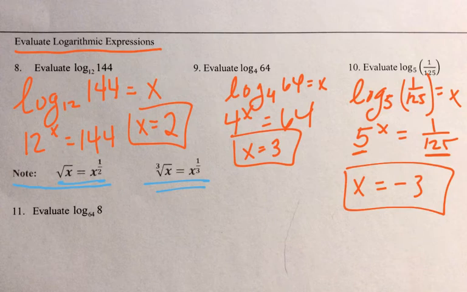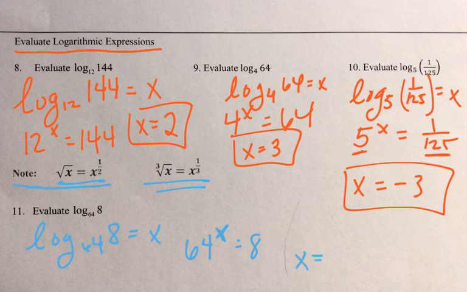So if I have log base 64 of 8 equals what? Well, you're saying 64 to what power equals 8? In order to get 8 from 64 with a power, I'm going to end up taking the square root. The square root of 64 is equal to 8. So that means that in this case, my x value must equal 1/2.